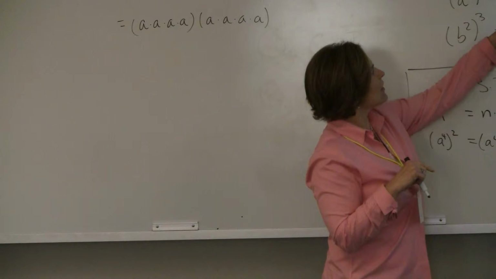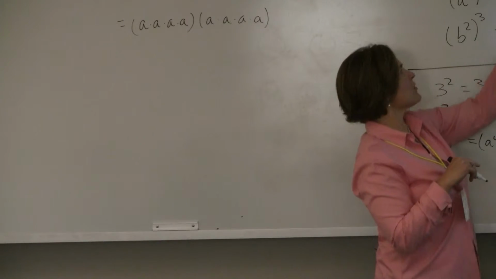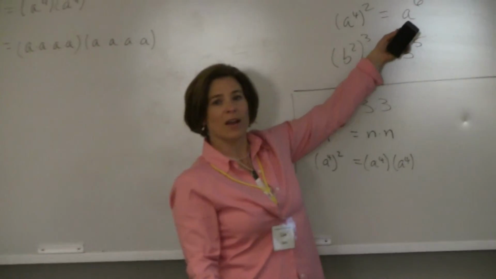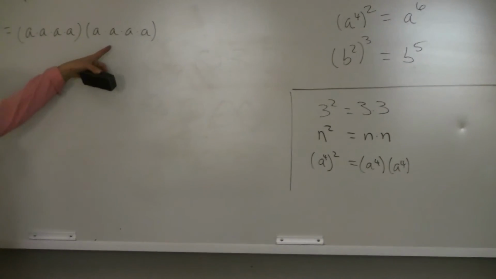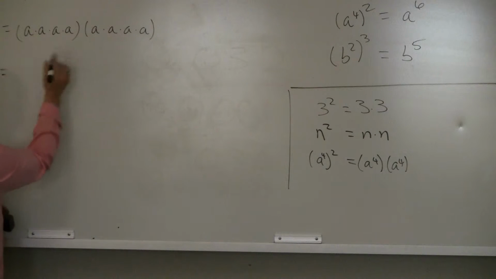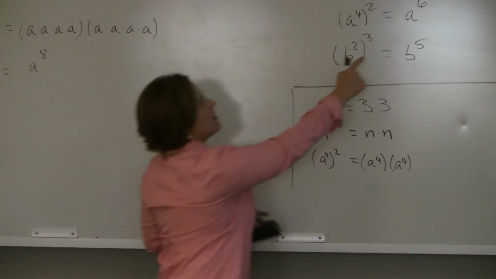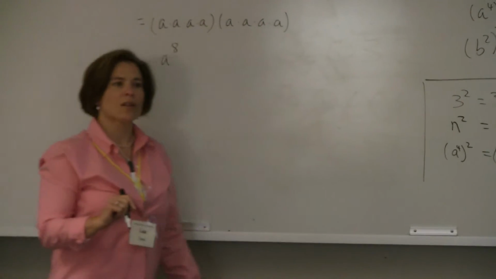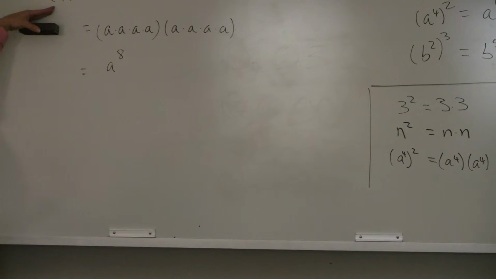Would you actually go over here to the statement of what the student actually said, and have them expand this out and compare it with this thing? Or would you just say, oh look, this is an a to the 8th, you've got an a to the 6th over there. Would you go both directions, or just start with the left side?